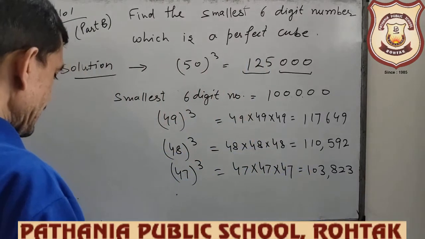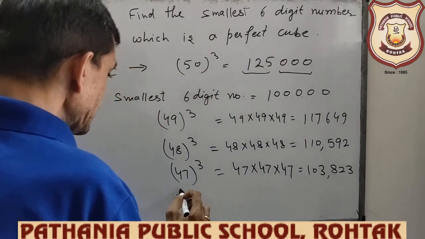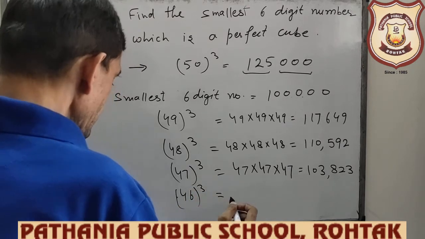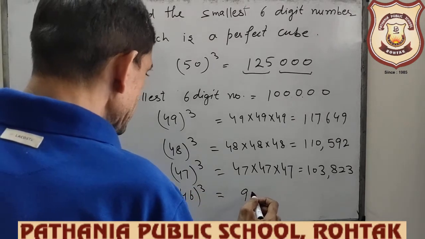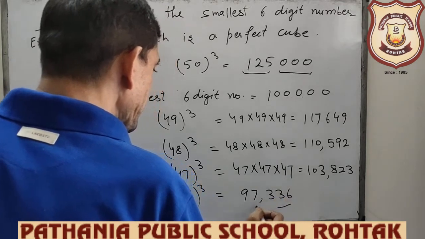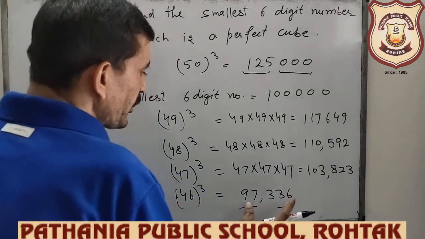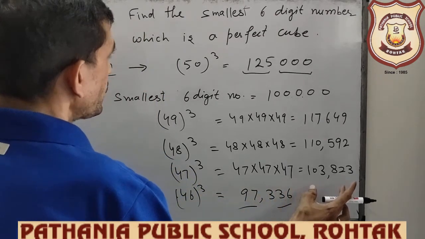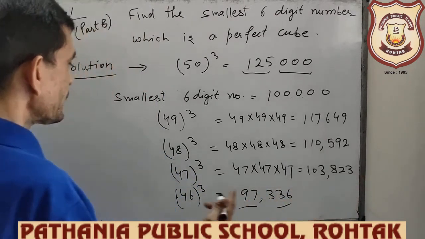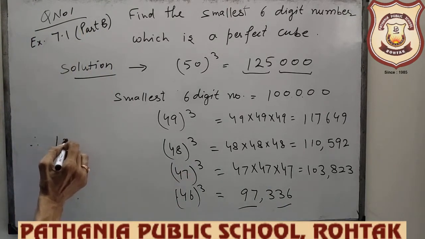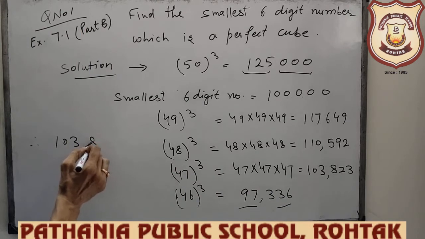Now let us check 46 also. It might be less than that. 46 cube is 97,336. It is 5-digit. The cube of 46 is 5-digit. Therefore the smallest 6-digit number which is a perfect cube is this one, 1,03,823.